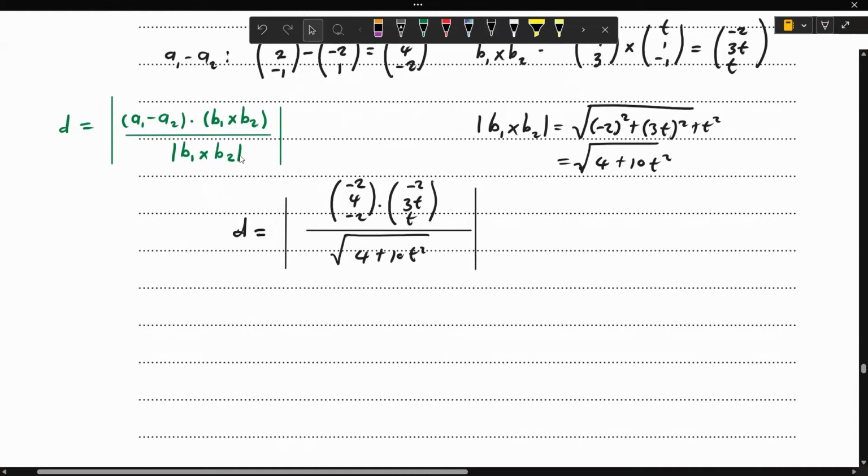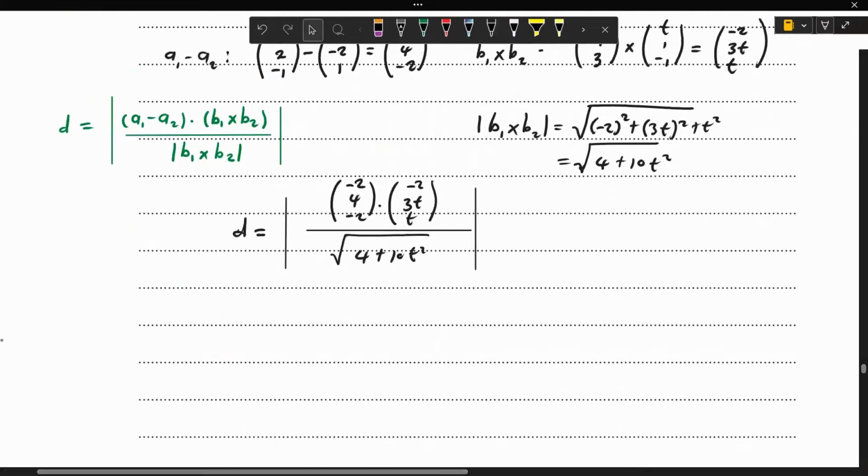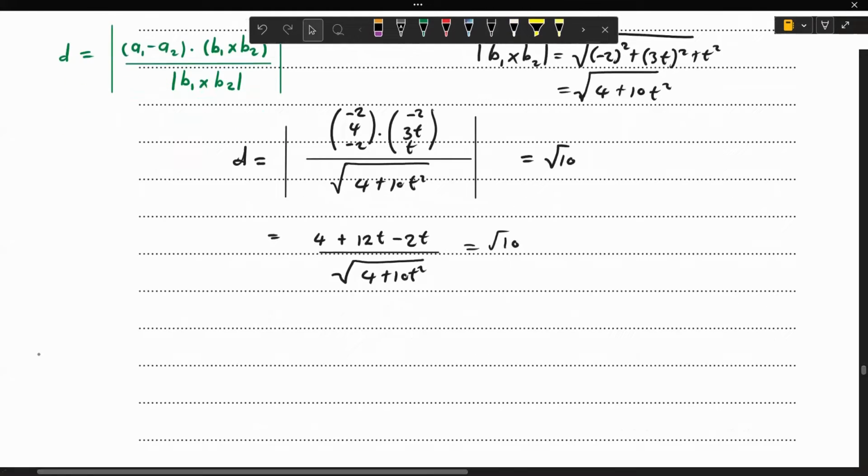All right. So actually the question says this is equal to root 10 because we're looking for the value of t. So we'll equate this to root 10. Basically we have 4 plus 12t minus 2t over the square root of 4 plus 10t squared is equal to root 10. All right. And I'll multiply both sides by the denominator.